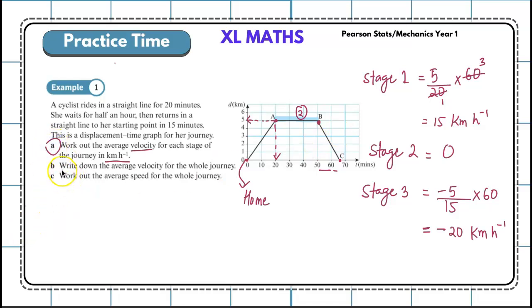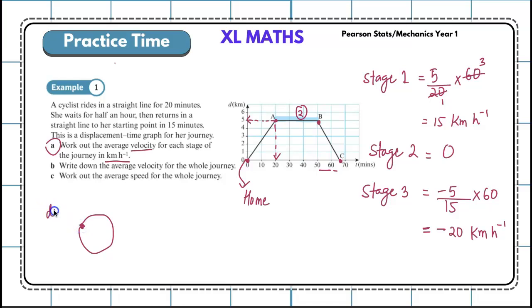B, write down the average velocity of the whole journey. When you start from a particular point and return to the same point, your average velocity is actually zero, because your displacement is zero. For example, this was the initial point, the point you started, and you come back to the same point.